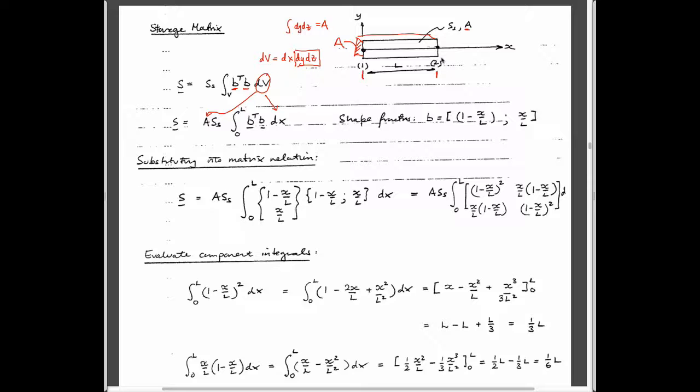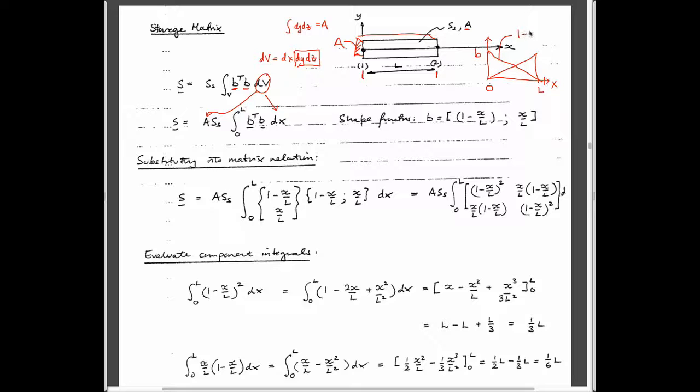And actually, if you look at these shape functions, you know exactly what they look like because we've looked at them before. They look like this, and they look like this. This is x, this is L, this is 0, this is the value of b, if you like.